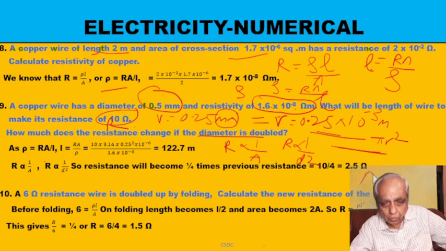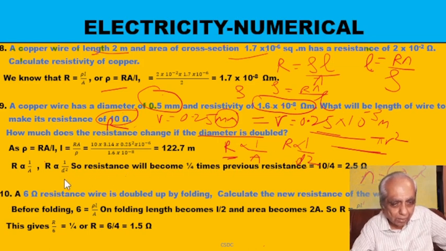Area of a circle is pi D square upon 4. These are constant. So area is proportional to D square. So R becomes proportional to 1 upon D square, or R is inversely proportional to D square. So if I am doubling the diameter, this will become 4D square. So my resistance will become 1 upon 4. So R will become 1 upon 4 times, not half.